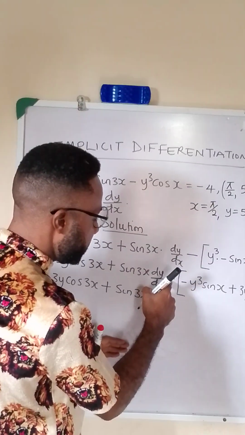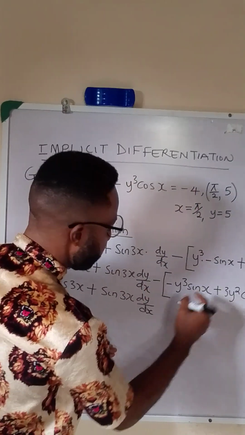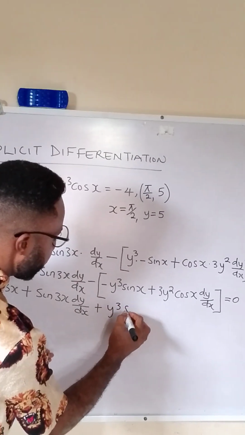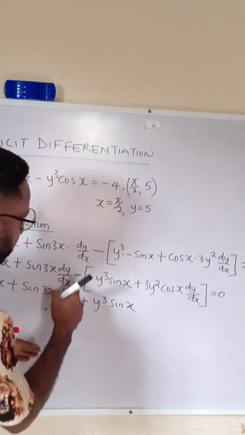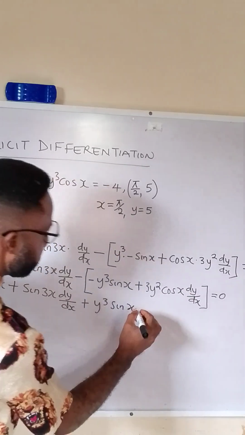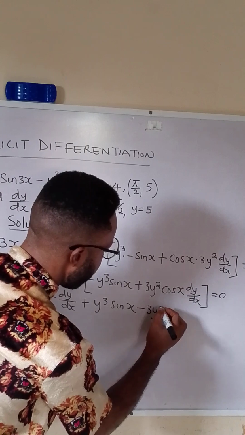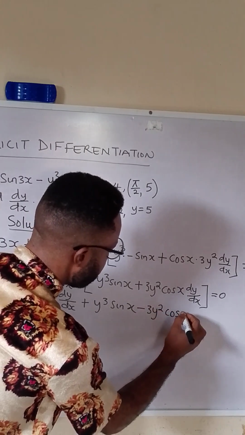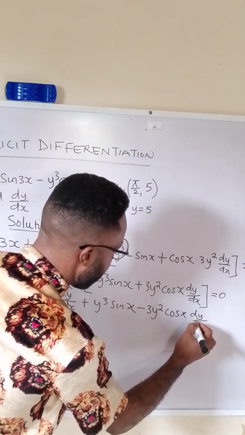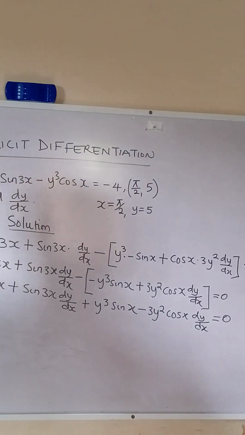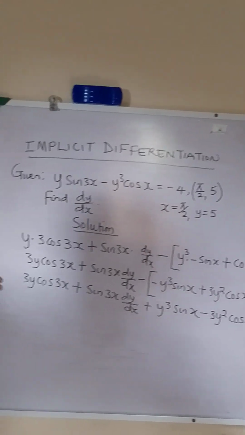So this negative times all of this will now give us plus y cubed sine x. And this negative times this one will give us minus 3y squared cos x dy dx equal to 0. And so we've gotten that.